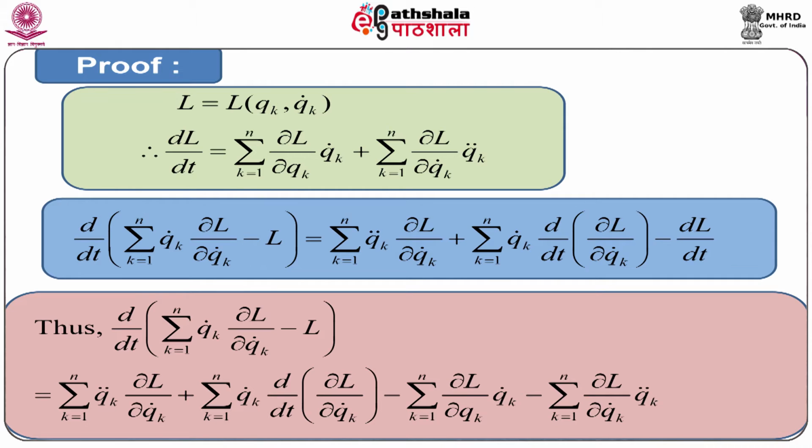As L depends on qk, we first differentiate L partially with respect to qk and then differentiate qk ordinarily with respect to time t and get the first term of the right hand side. Again, as L depends on qk dot, we have differentiated L partially with respect to qk dot and then differentiated qk dot ordinarily with respect to time t and get qk double dot. We have used the chain rule of differentiation here.